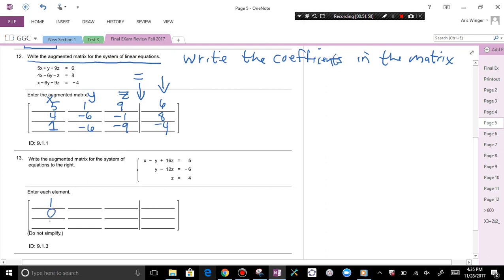Or 1? 0. 1. It's not 1. What are you on the y, right? It's -1. Oh. 1. 16. -2. 0. 1. 5. -6.